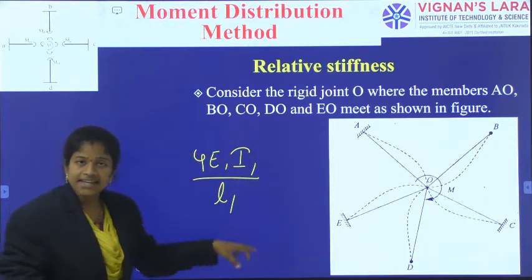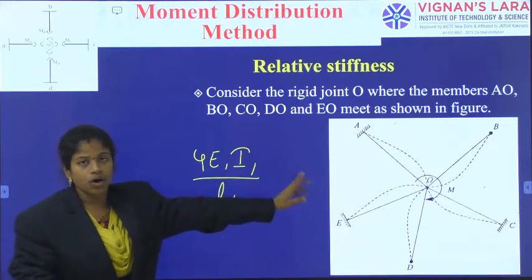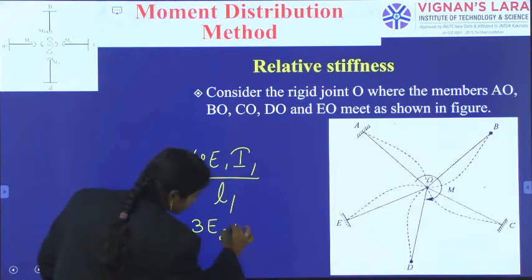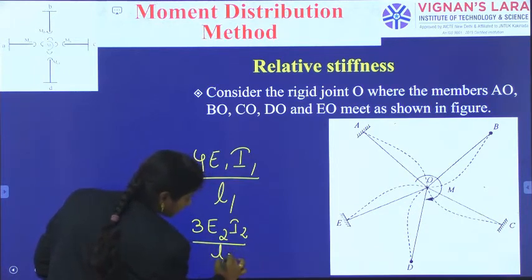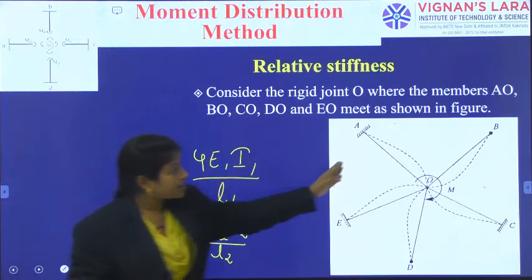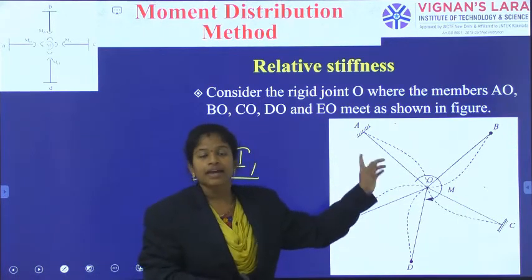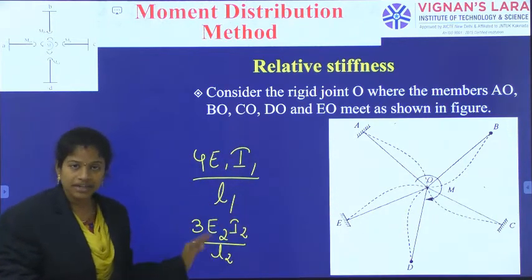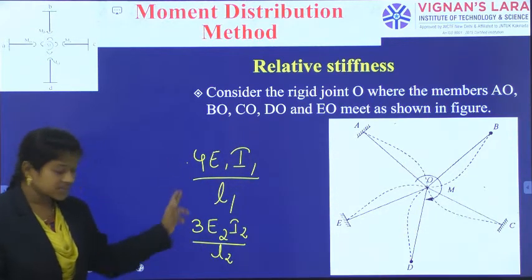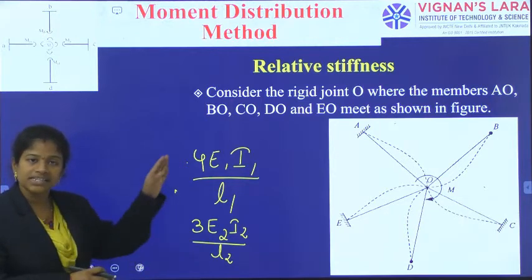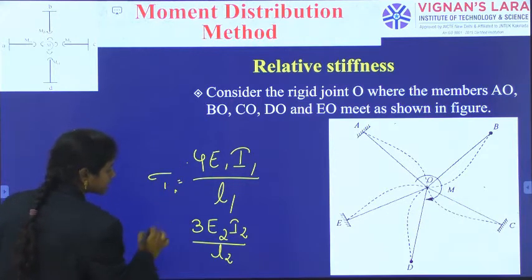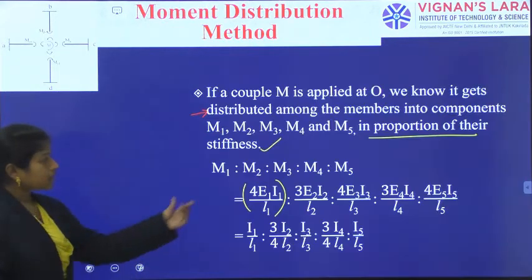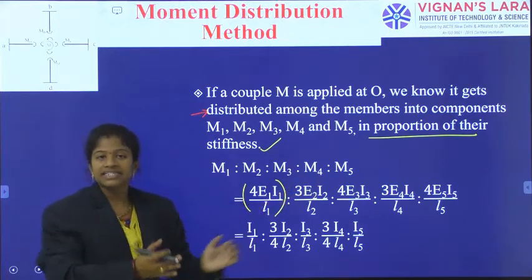So this is the stiffness of the first member AO or OA, and for the second member 3E2I2 by L2, as the Young's modulus of each segment is different, the moment of inertia of each segment is different, the length of each segment is different, and the support conditions are different. Showing all the variations, I have got the stiffnesses as sigma 1, sigma 2, sigma 3 and so on. Now I am taking the moment ratios, how the moment is getting distributed.